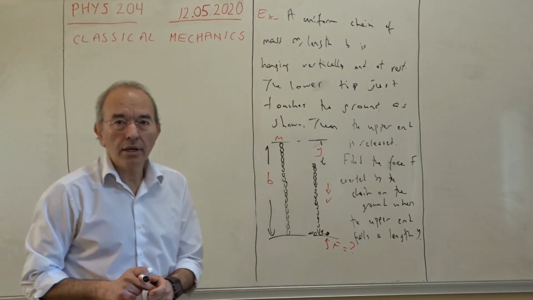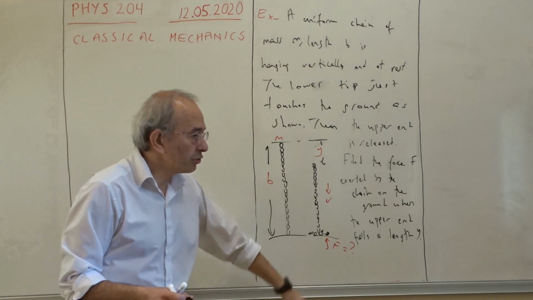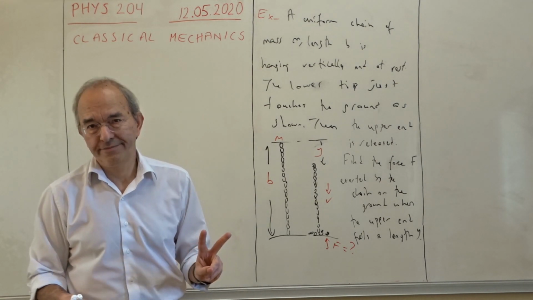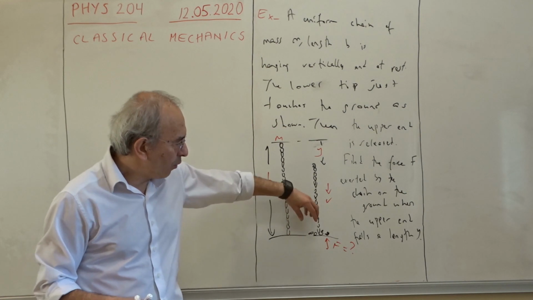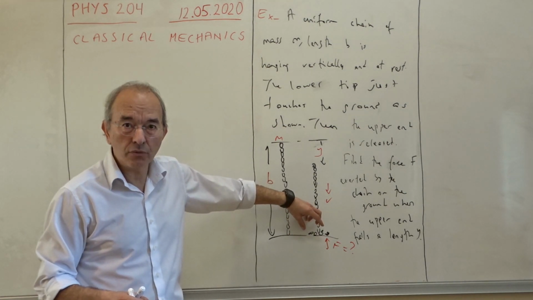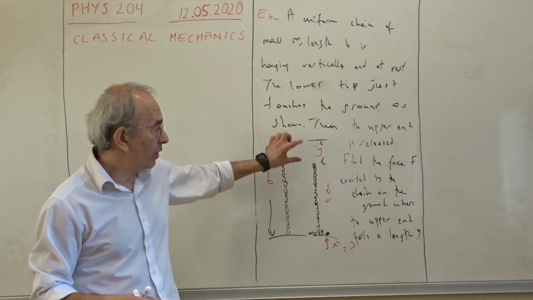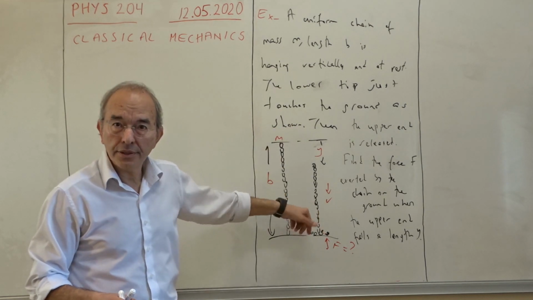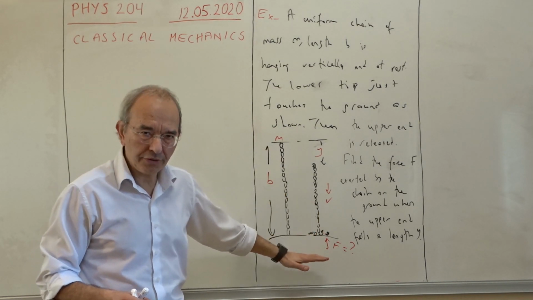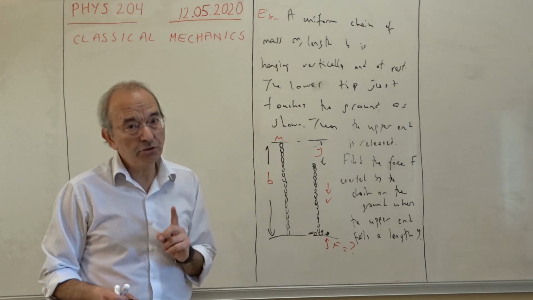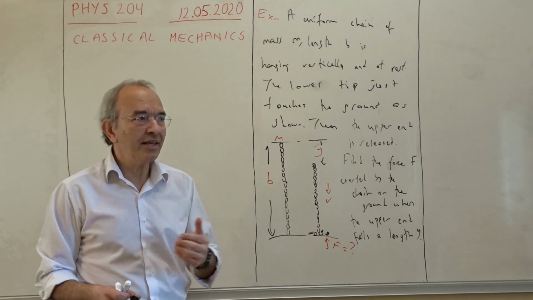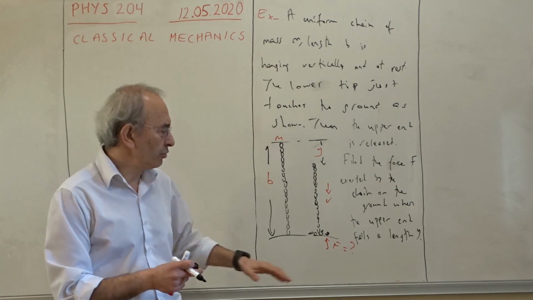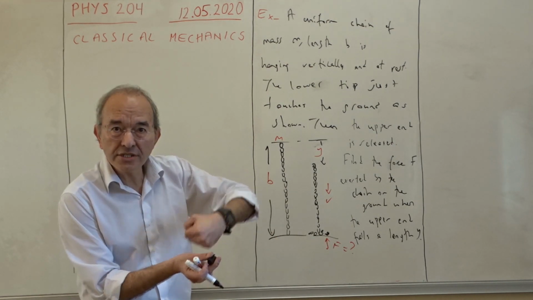Now it is obviously understood that this force consists of two parts. One is the weight of the part which is already accumulated, so the weight of this part is now acting on the table. But this is not all. Even more important is the second part, which is the impulsive part, because of these collisions every time.